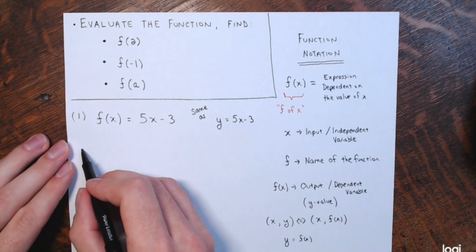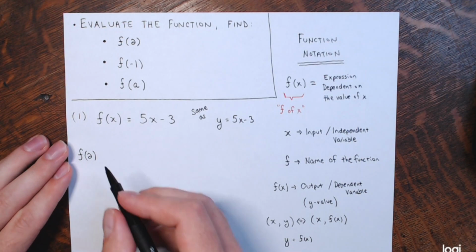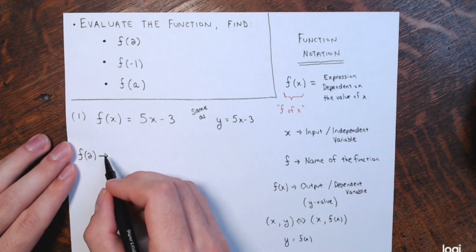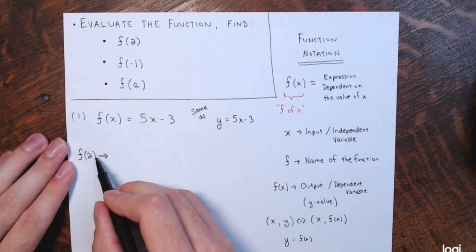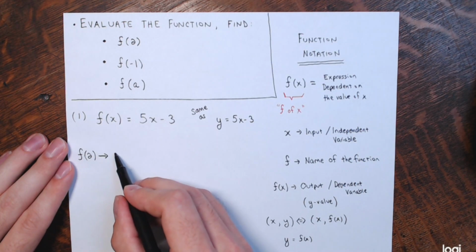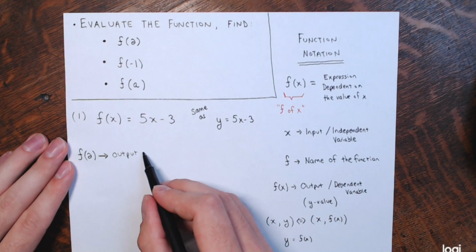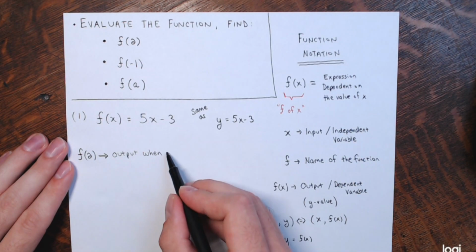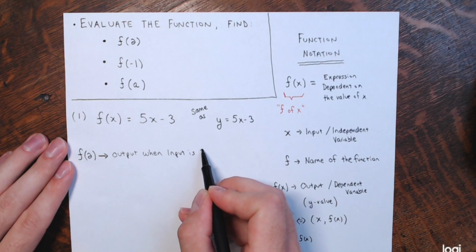So first, find f of 2. What does this mean? This means find this f of 2, this is the output, or the y coordinate, when the input is 2.